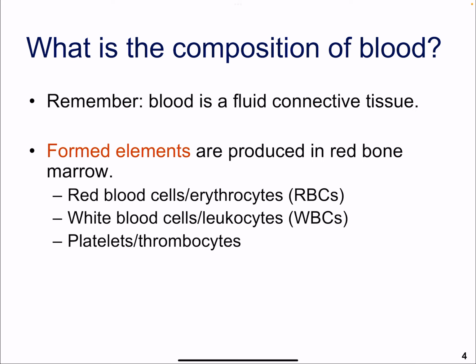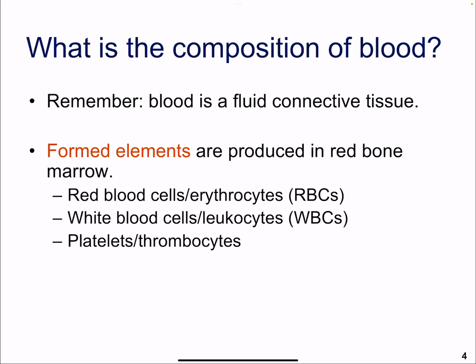That fluid connective tissue is going to be made up of a bunch of water, proteins, carbohydrates, amino acids, and cells. The cells fall in the group that we call formed elements.